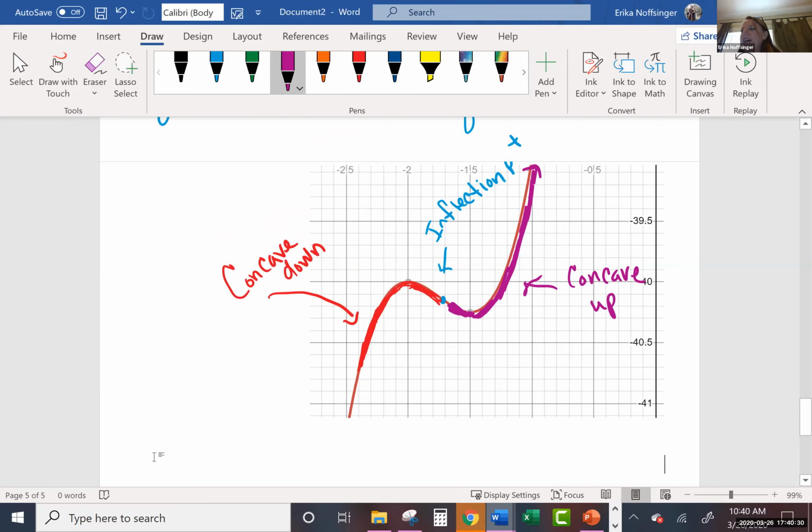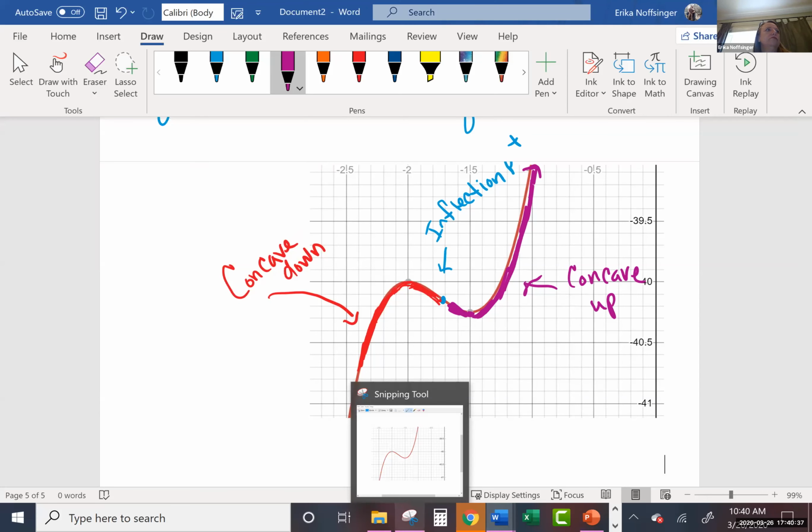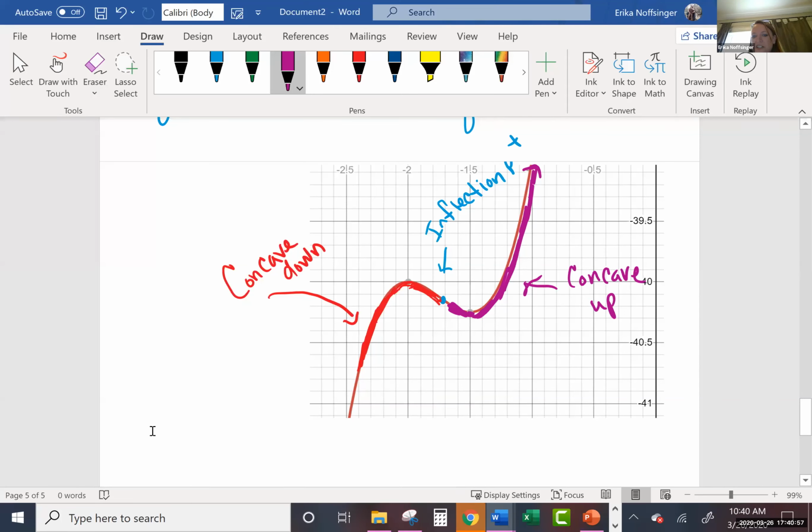So questions on that? I don't have the chat thing up. Okay, so pretty much what we're going to be doing for the rest of this chapter is graphing based off of using the derivative function.